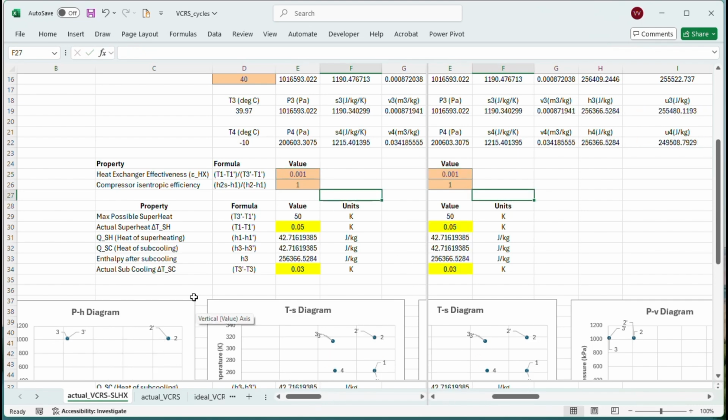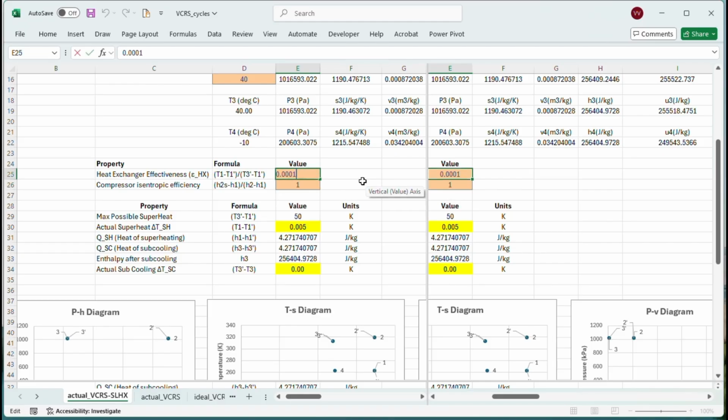So the actual superheat is really small for that. Let me reduce it further. If you make this a really low number, you'll get very little superheating and subcooling.